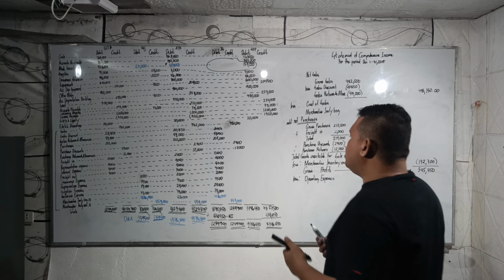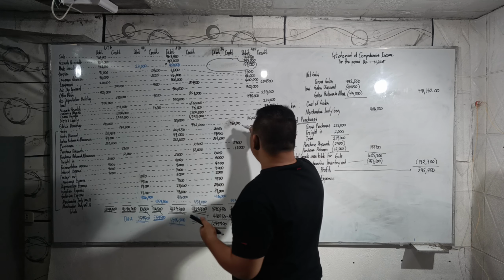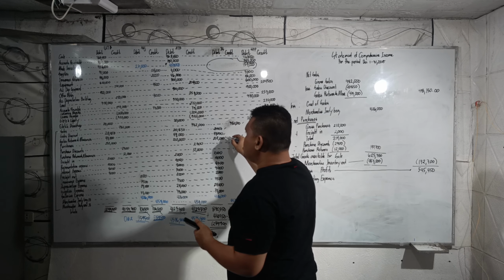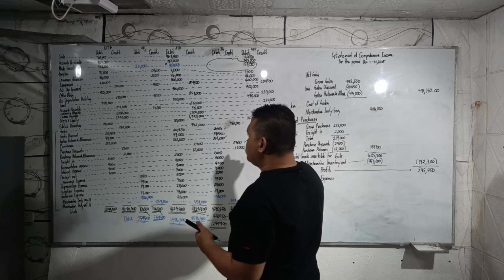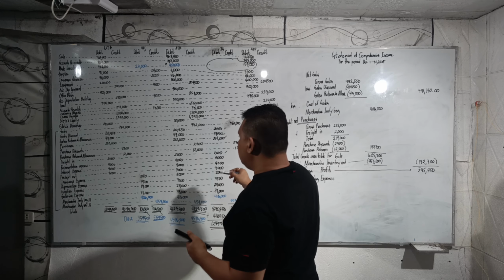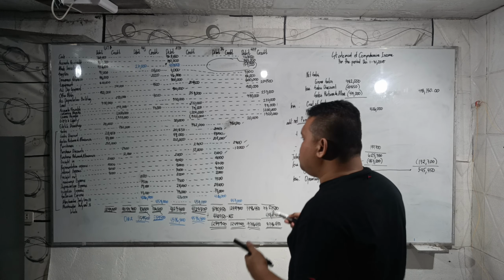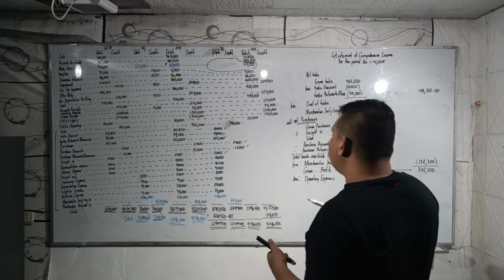On the operating expenses, we've already considered this. How about this 2,000? We have other operating expenses, like for example, representation expense.